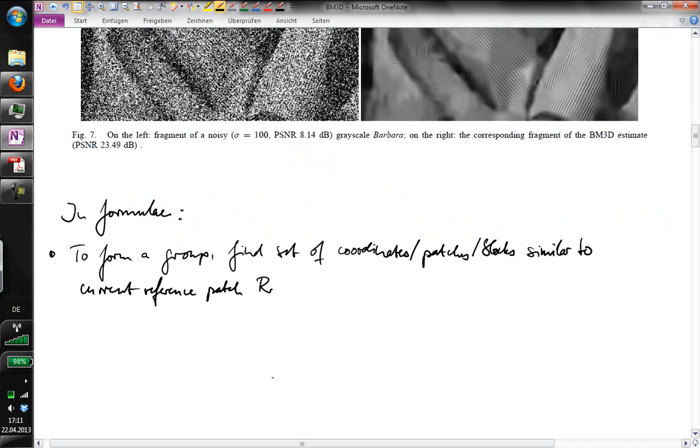Sorry, excuse me, the reference patch is not called R, but it is called Z_xR. So again, R is for reference. x, this is a small x, is for location. And capital Z means it's a patch of numbers or a patch of pixels, not just a single pixel that we're looking at.